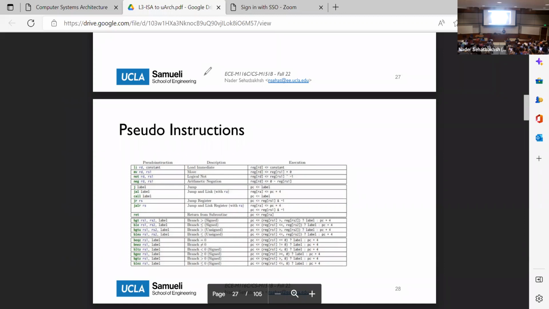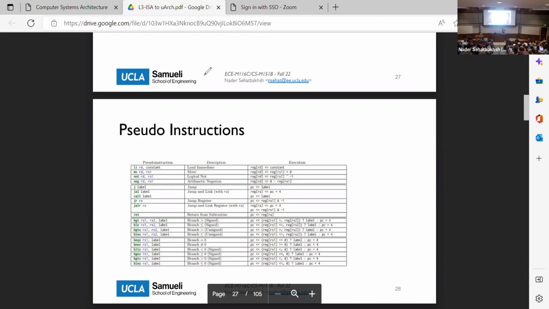So the question is, if the instructions are stored as 4 bytes, and these instructions are translated into 2 instructions, wouldn't that create confusion and problems with the hardware? The whole point is that the hardware never sees this. Hardware only sees those instructions that we know it can support.